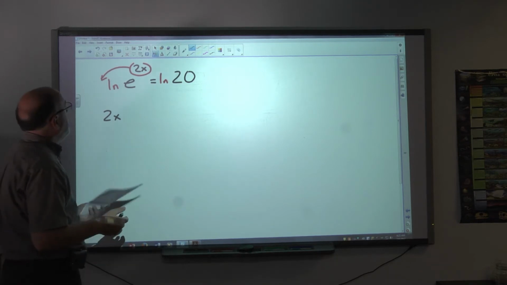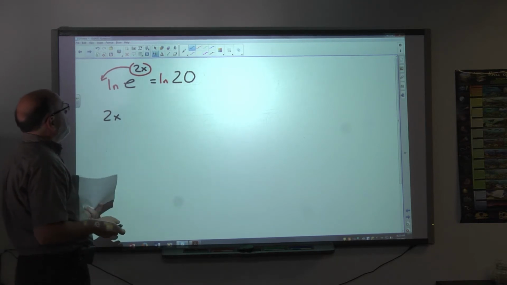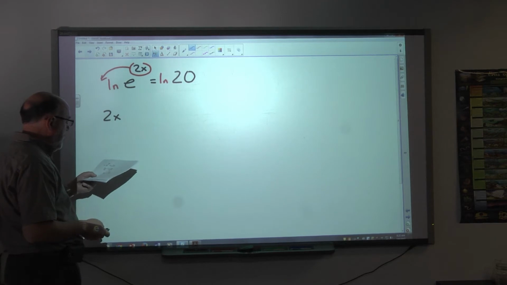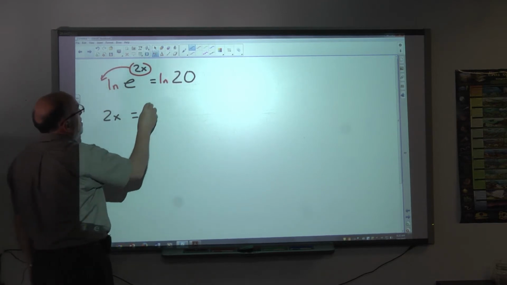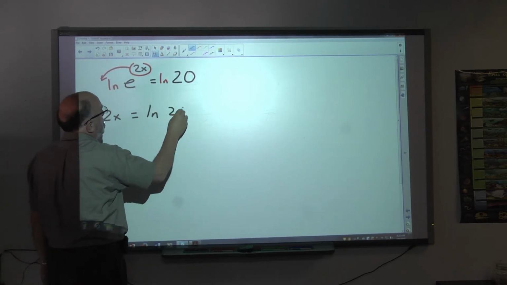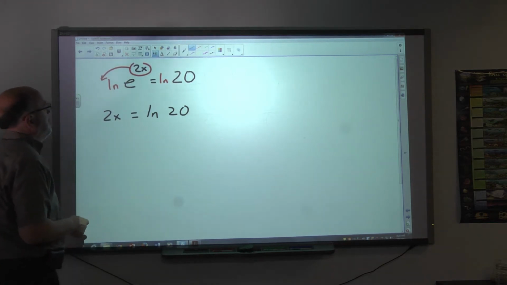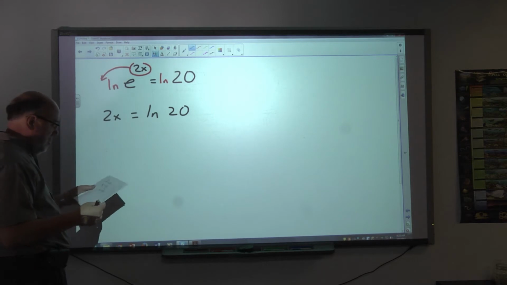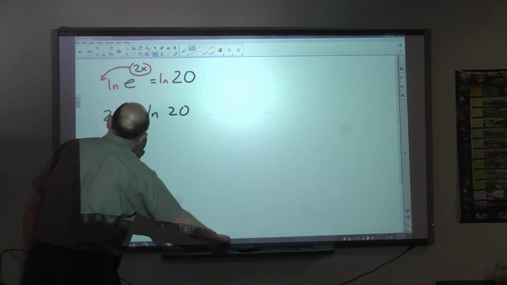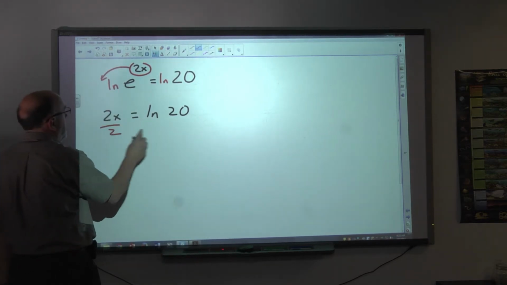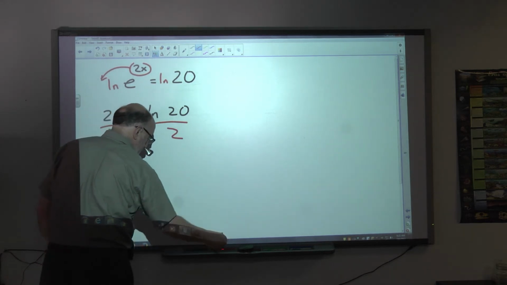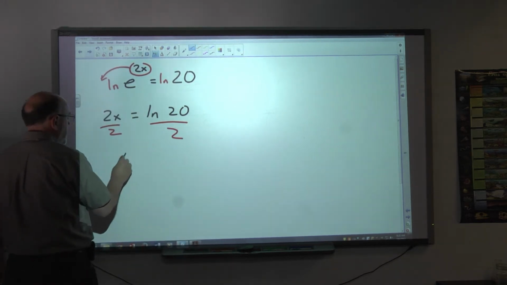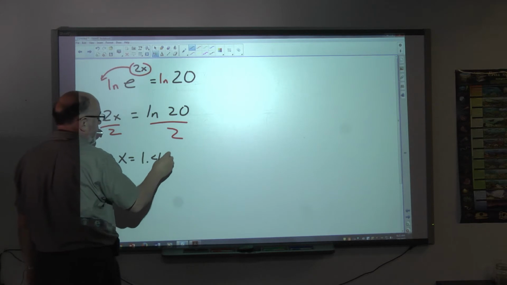And natural log and e end up canceling each other, so this will just be 2x, which is going to equal the natural log of 20. Right? So the natural log of e is just 1. And so we'll end up with 2x equals the natural log of 20. Next step is to divide by 2. And so we end up that x is going to be 1.498.